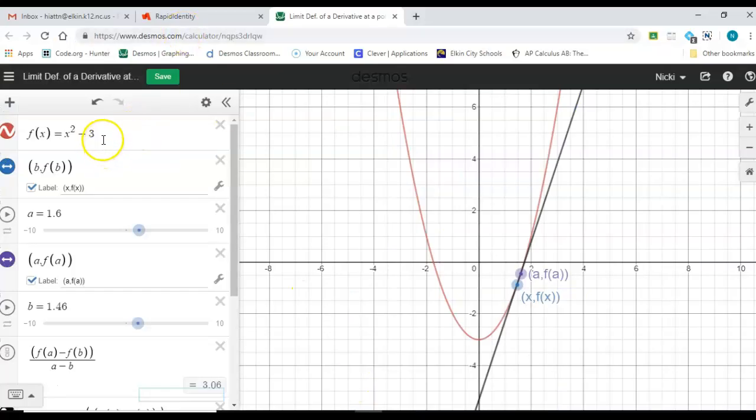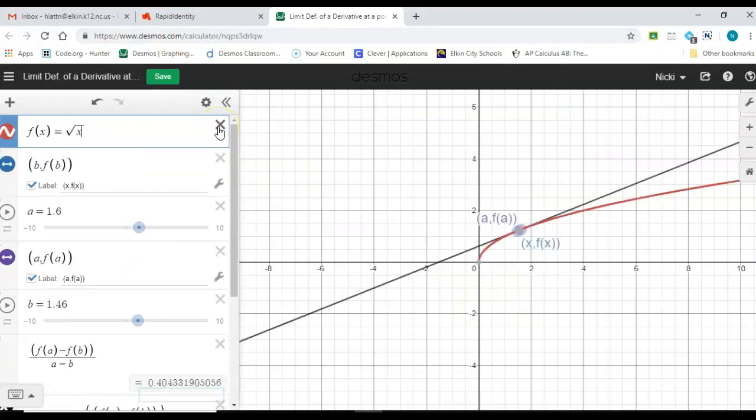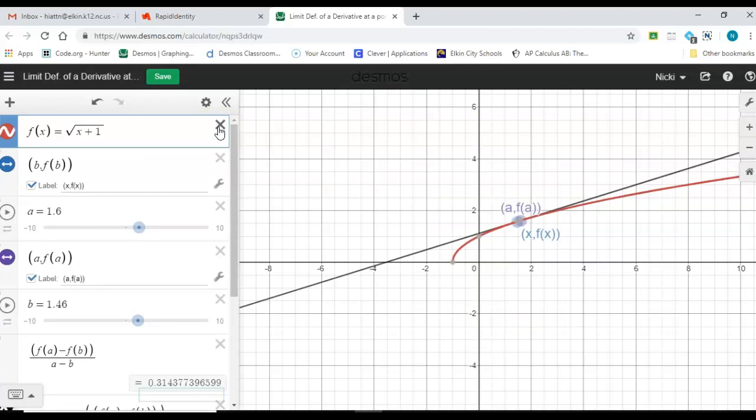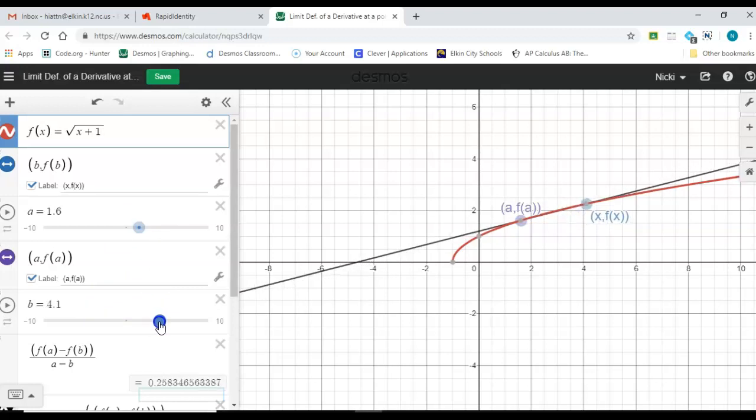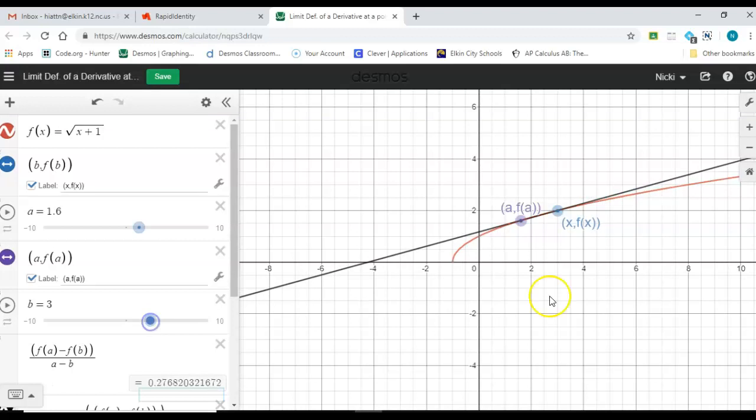I have created this beautiful graph right here, so it'll work for anything. So our equation was square root of x. Was it plus 1 or minus 1? Plus 1. Alright, and my a value was 3. So, oh, that's wrong.